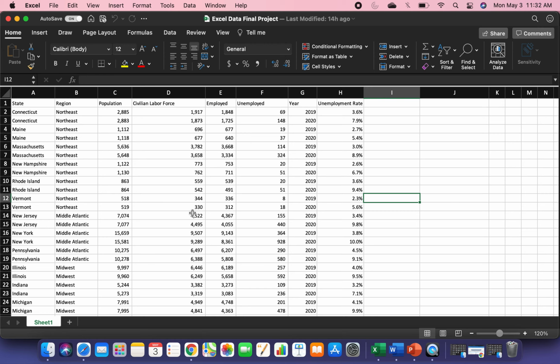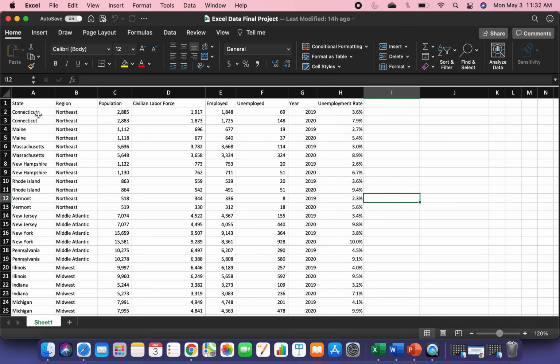The data also includes the total number of individuals that were employed in 2019 and 2020, unemployed in 2019 and 2020, and it shows the unemployment rates from 2019 and 2020.